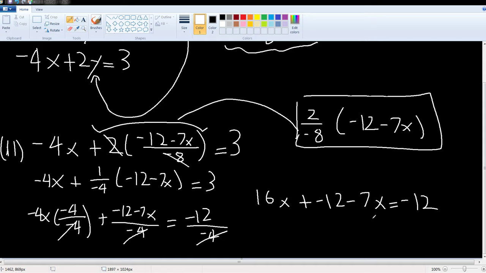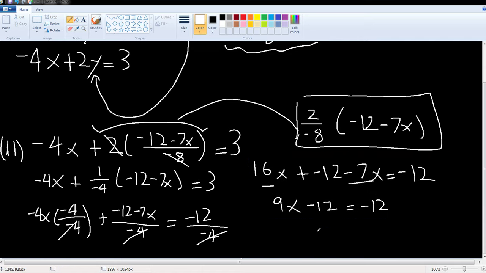So let's just simplify. 16x minus 7x, this minus this is just 9x. Plus -12, the same thing as minus 12, so this is all equal to -12. Now let me just move this a little bit further up.